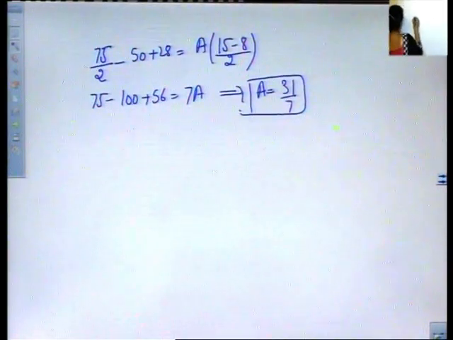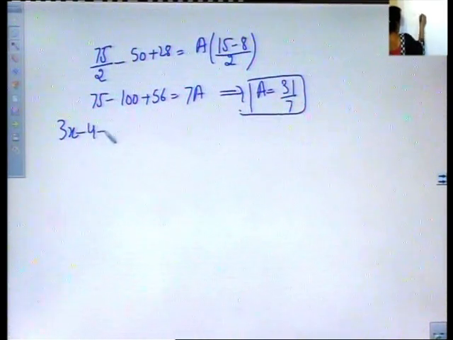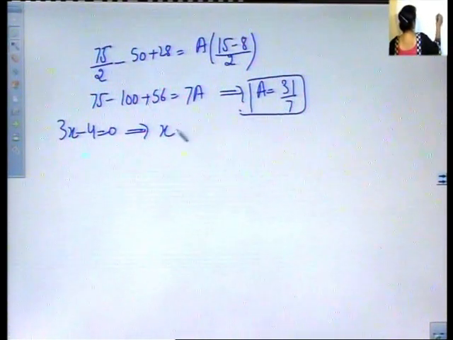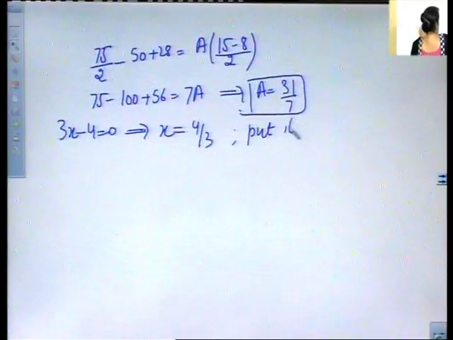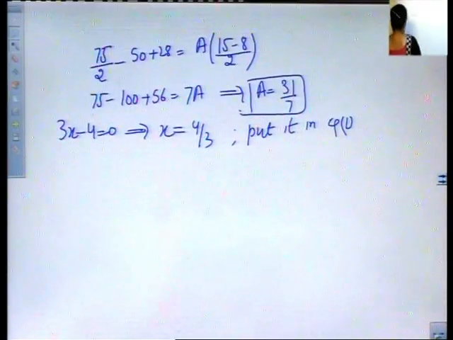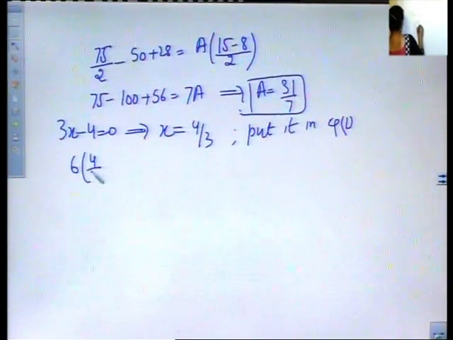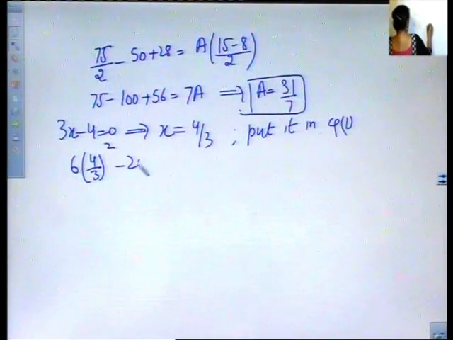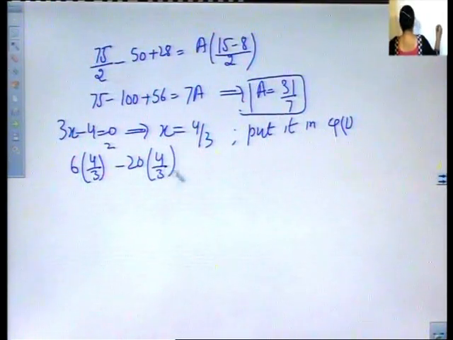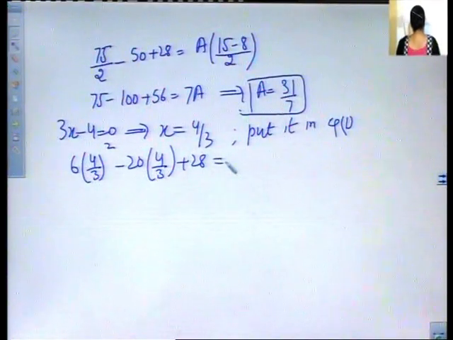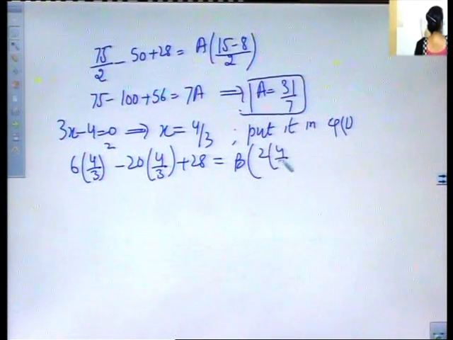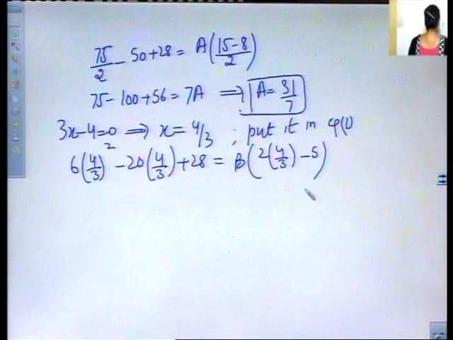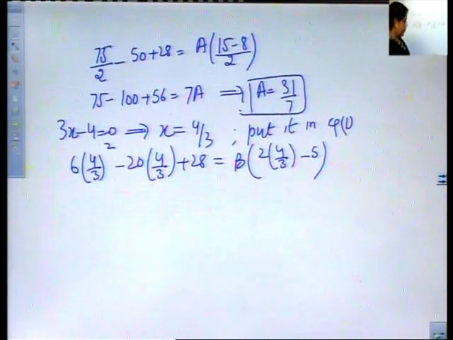Now, put the other factor 3x minus 4 is equal to 0. This implies x is equal to 4 by 3. Put it in equation 1. We get 6 into 4 by 3 square minus 20 into 4 by 3 plus 28 is equal to b into 2 into 4 by 3 minus 5.